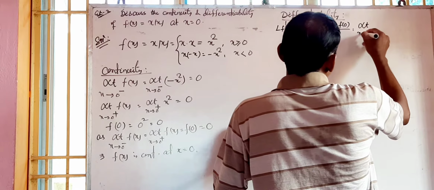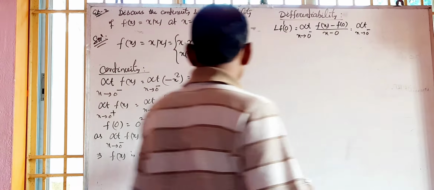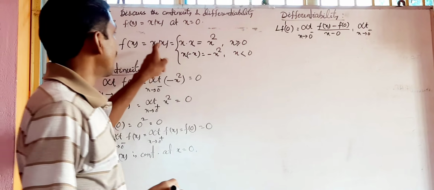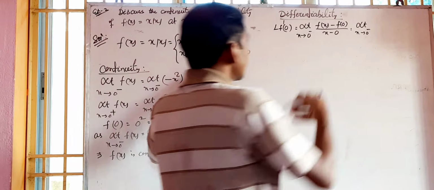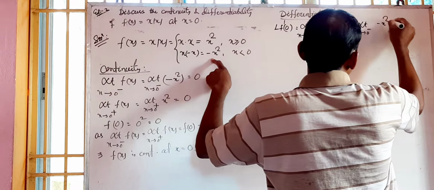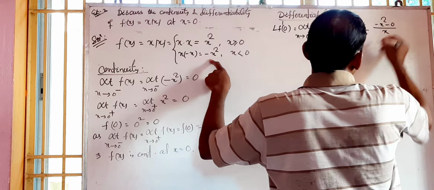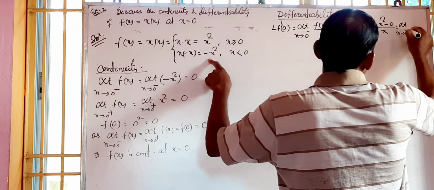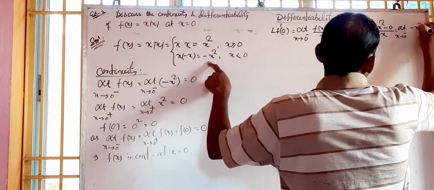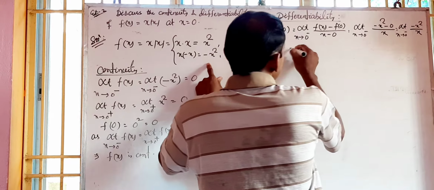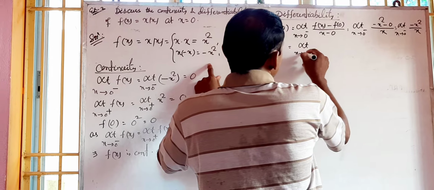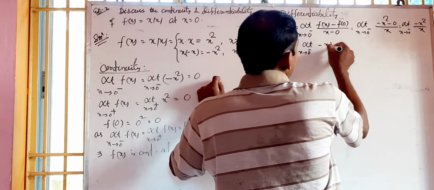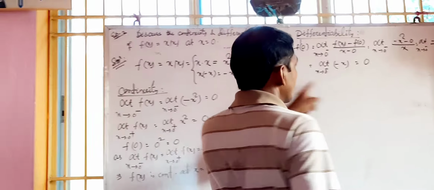But for x tends to 0 minus, less than 0, what is f of x? It is minus x square. So you can write minus x square minus 0 by x. This is limit x tends to 0 minus of minus x square by x, which is limit x tends to 0 minus of minus x, and being an algebraic function, it is 0.